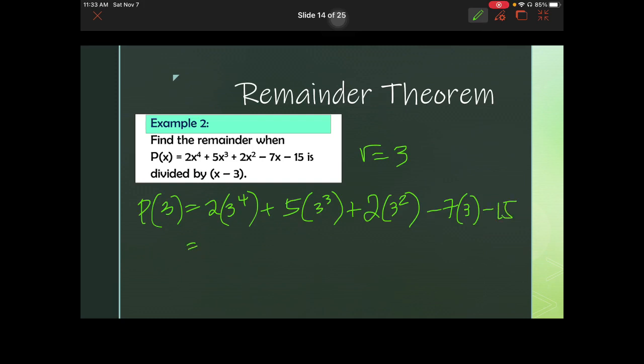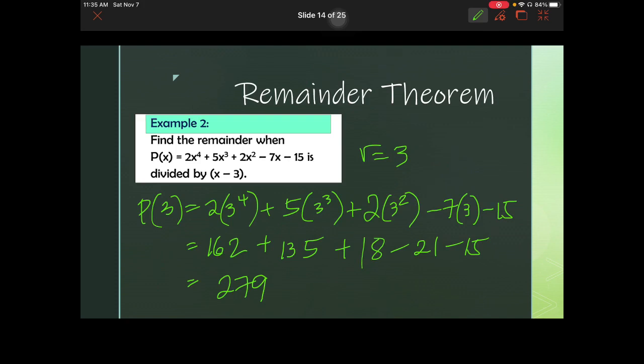So this will become 81 times 2 is 162 plus 27 times 5 will be, tama ba? 135. And then plus 9 times 2, let's get 18 minus 21 minus 15. Okay? Okay, the answer should be 279.